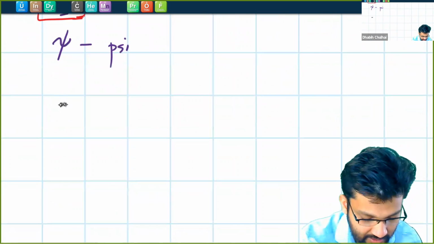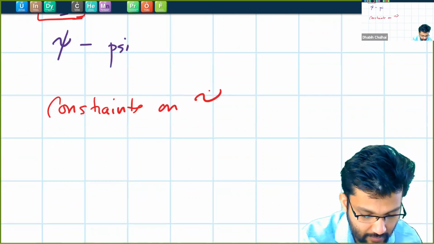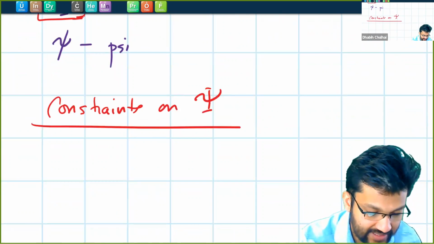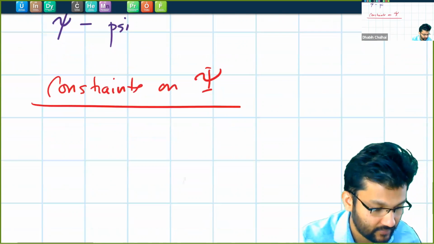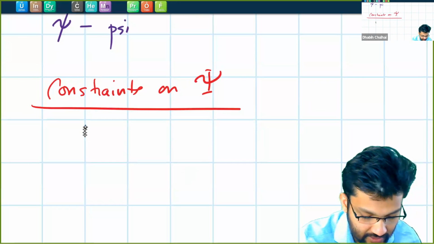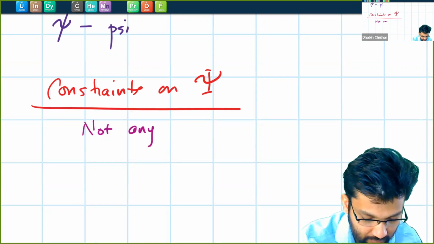So let's talk about some of the constraints on psi. What can psi be and what can psi not be, right? So not any wave function works.